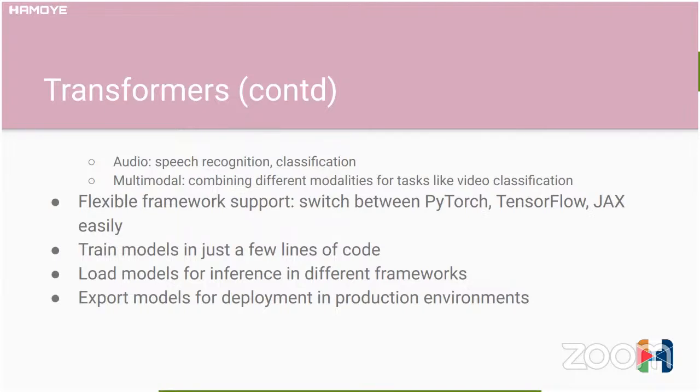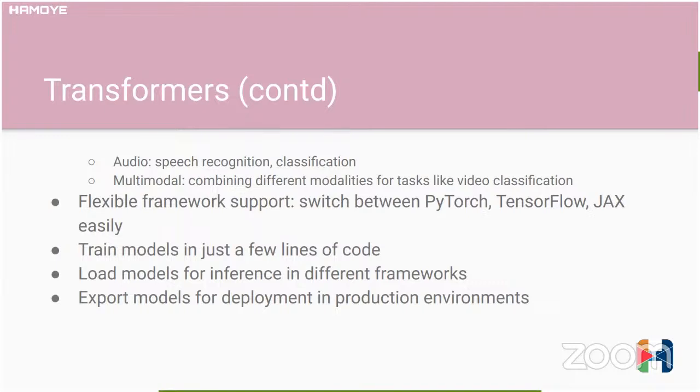Also, the transformer library is provided by Hugging Face. Hugging Face is a company that provided this framework for us. You can switch between whatever frameworks you are already using in your company or application.